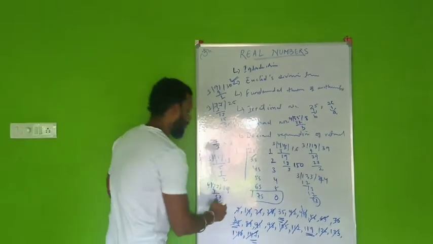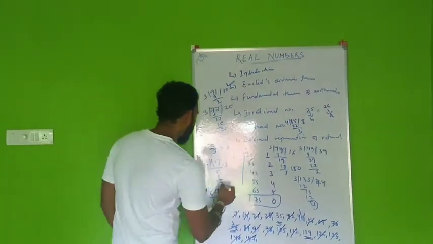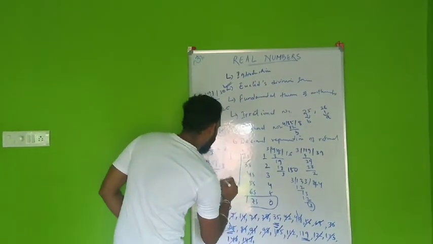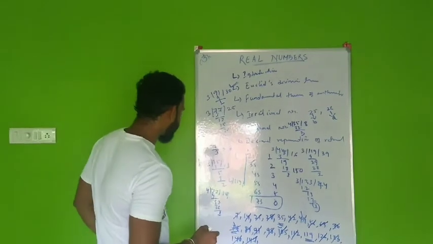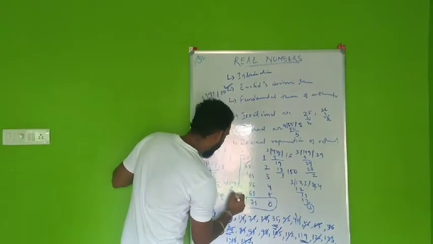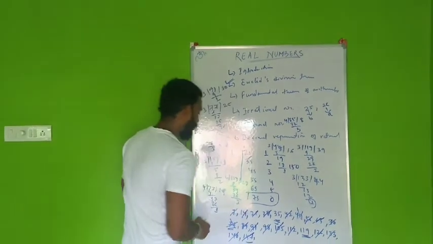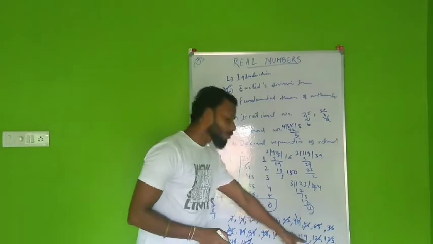So it cannot be a possibility. Now 119 divided by 4: 4 times 29 is 116, so the remainder is 3. So it may also be a possibility.